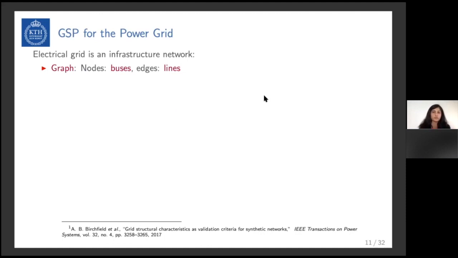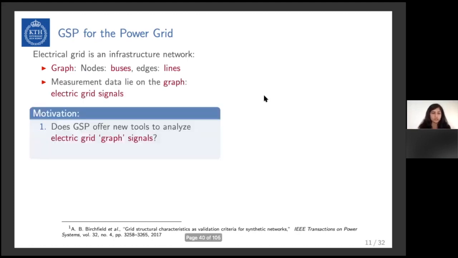As I said before, why is GSP a natural choice for the power grid? Because the electrical grid is an infrastructure network, and the graph here can be described by nodes, which are the buses in the transmission system, and the edges, which are the transmission lines. The measurement data therefore lie on this graph.